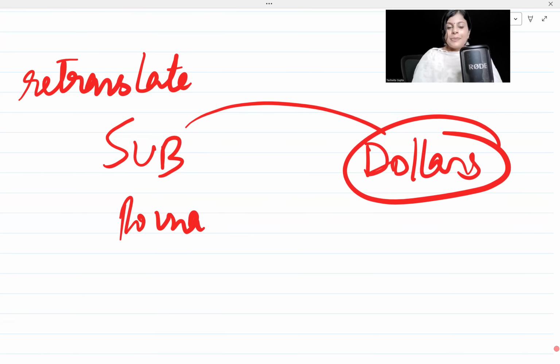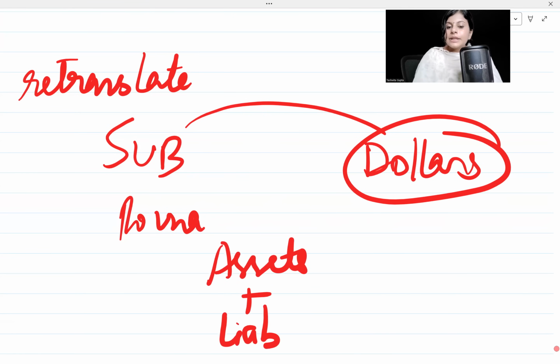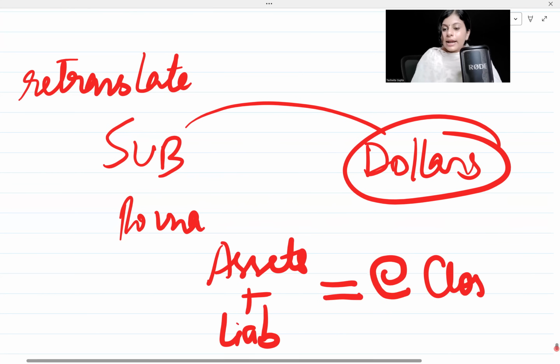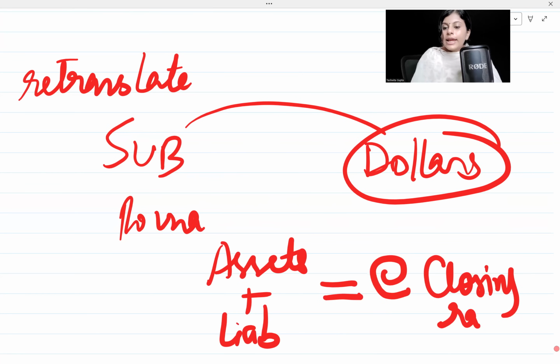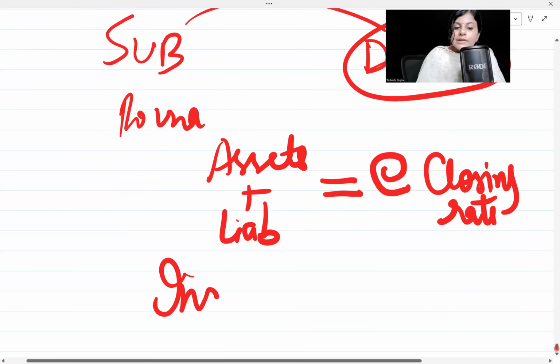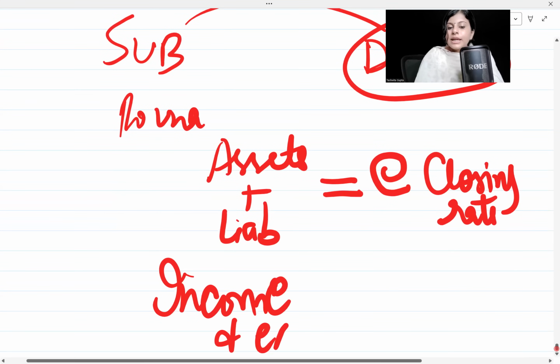The rules say that all the assets and liabilities of the subsidiary will be retranslated using the closing rate, and all the income and expenses will be retranslated using the average rate.